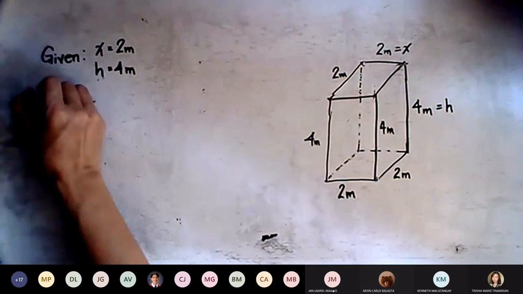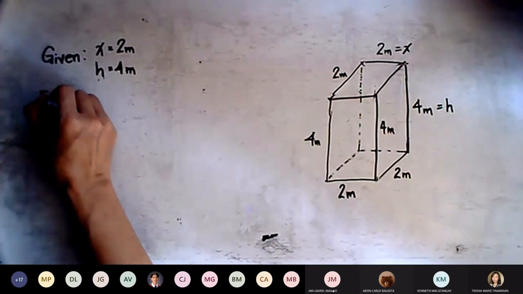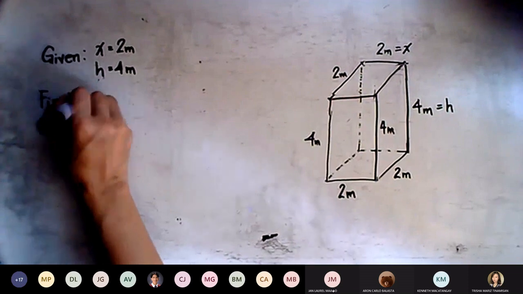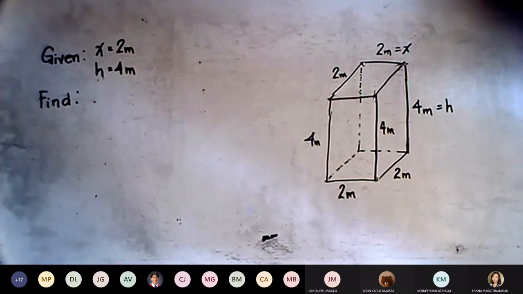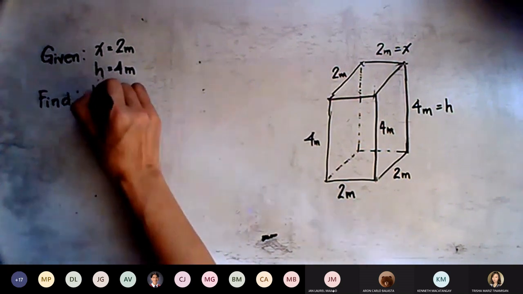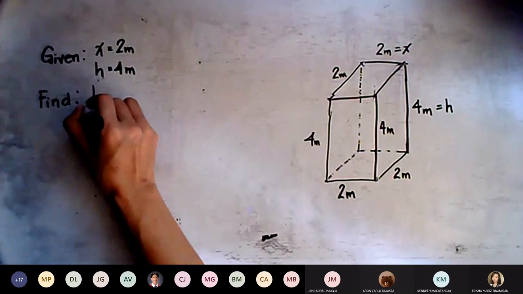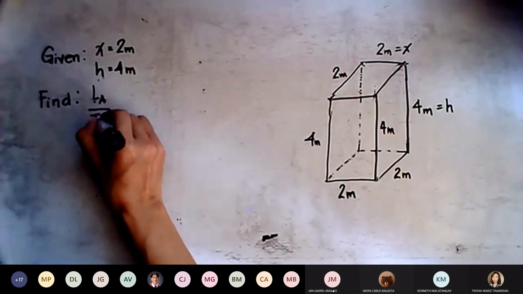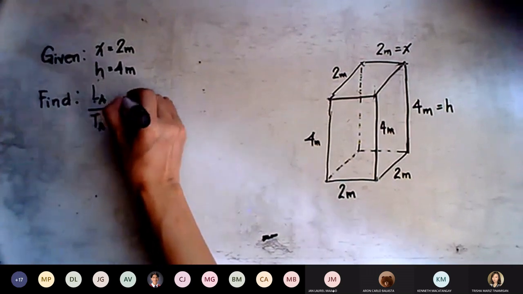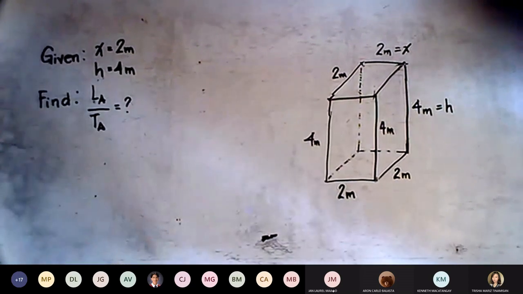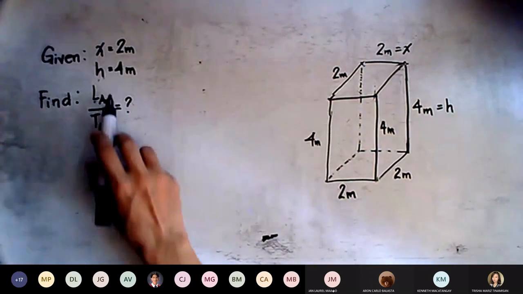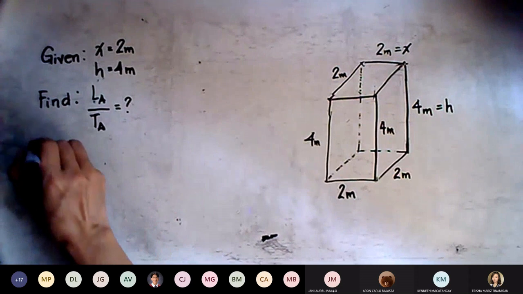Then we have to find the ratio of the lateral area to the total area.